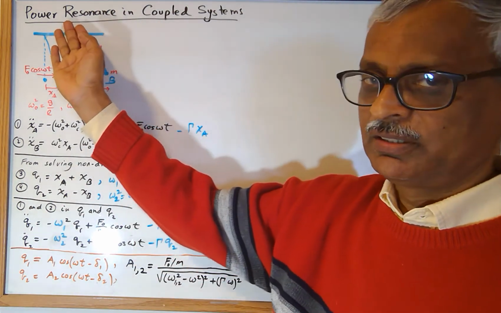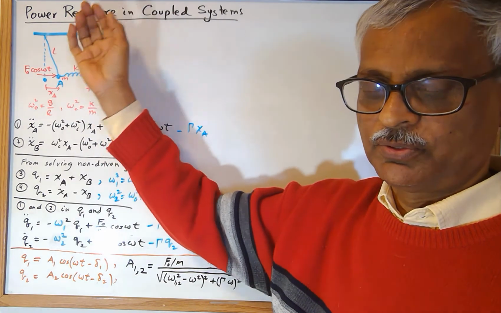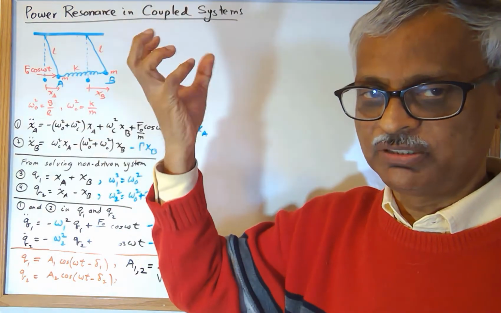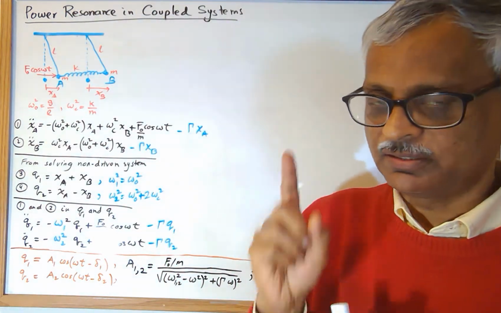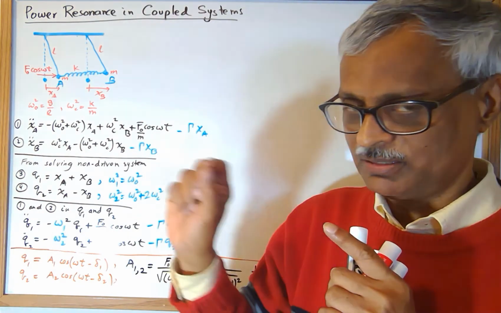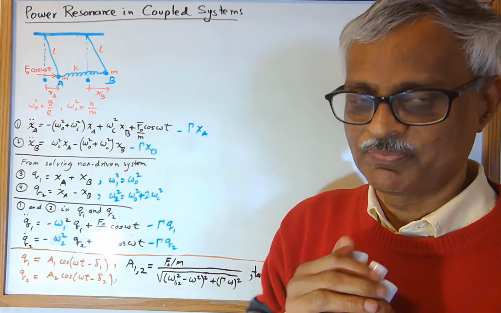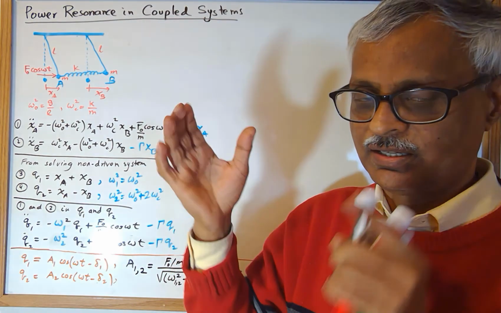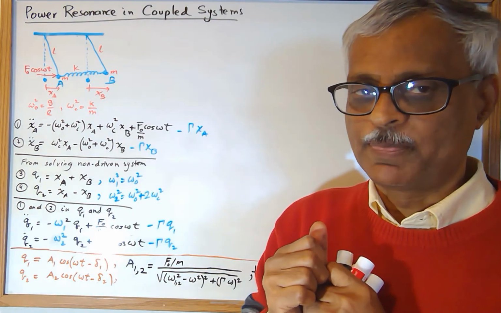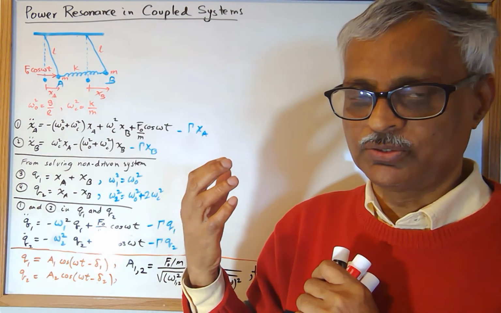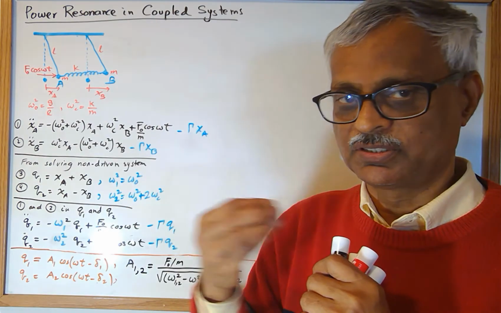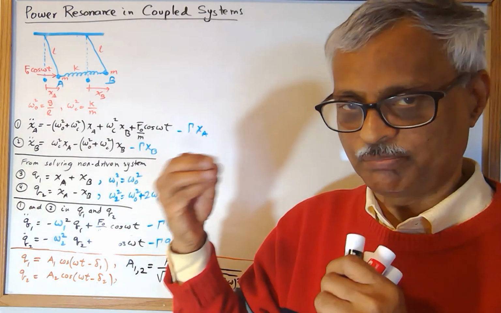We talked about resonance for two different properties: the amplitude of a harmonic oscillator that moves along the x-axis, and also the power of the driving force. We talked about the resonance of that property as well.